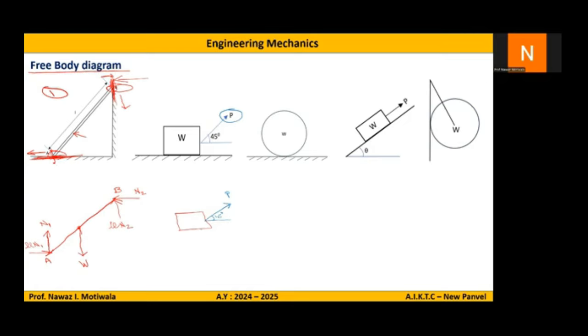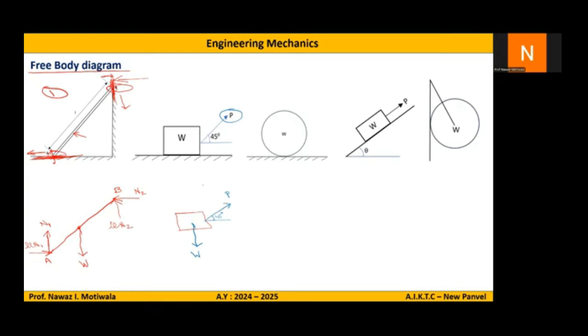The second force which we show in the free body diagram is the self weight. Self weight, as we have discussed, it will be vertically downwards at the center. So I will make one force here in vertically downward direction, and I will name it as W because the weight given is W. So second part is also done.